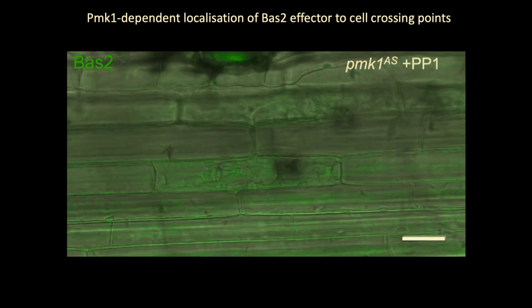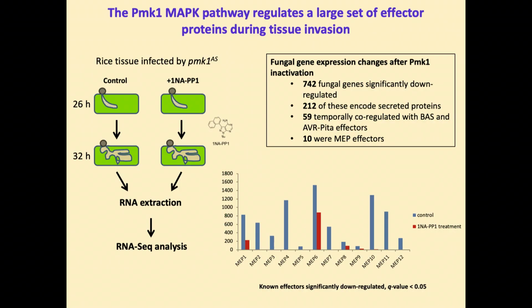If we add the inhibitor, we don't see any localization of BAS2 to those crossing points, but also we don't see any expression of the gene. So it's not actually even being expressed. So it shows that those effectors, which would normally go to pit field sites, are under control, ultimately, of the PMK1 MAP kinase cascade.